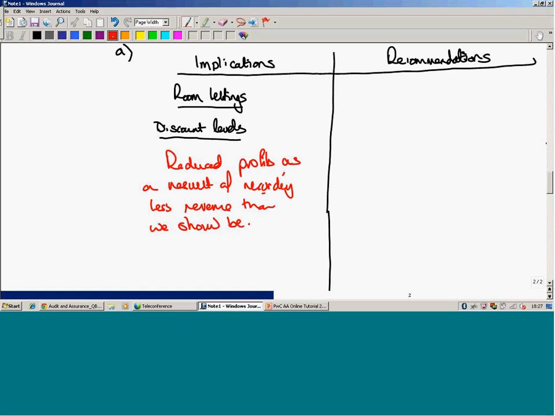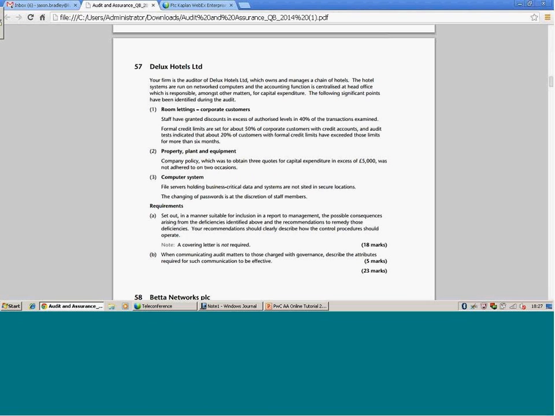So solve that problem then. What's my potential recommendation for this one? What can I do? It says here they've got a policy already. So my recommendation can't be to have a policy, because I've got price levels. So what could I be doing?